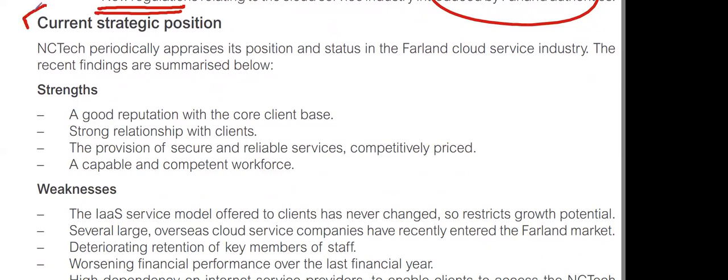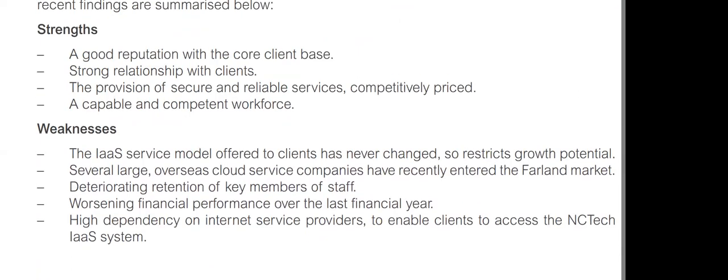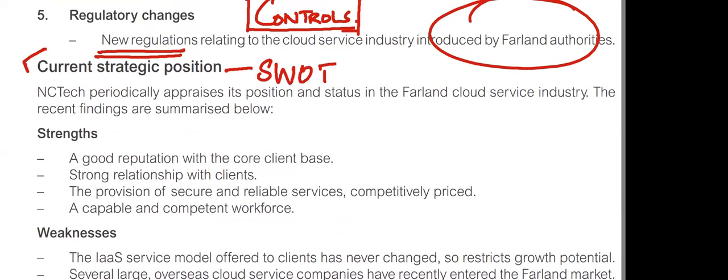Current strategic position, that is some sort of a SWOT analysis, has already been done for you to the extent of strengths and weaknesses. Opportunities and threats are already discussed in the industry section. Some of the opportunities and some of the threats have also been discussed in the risk register.